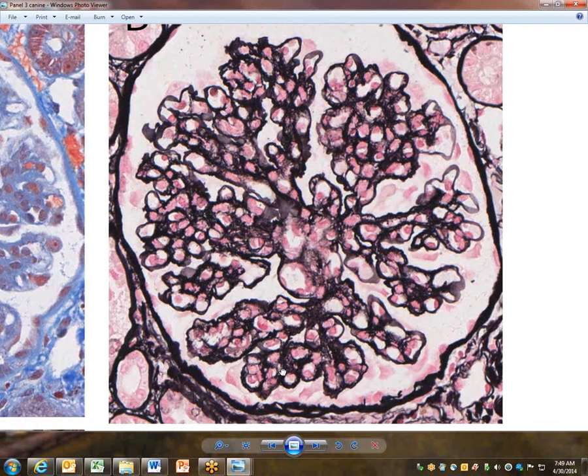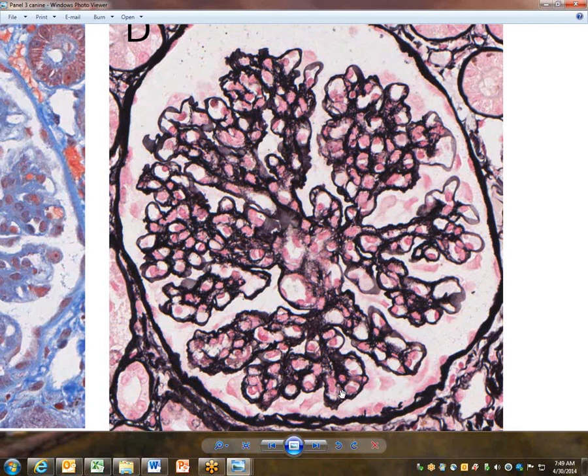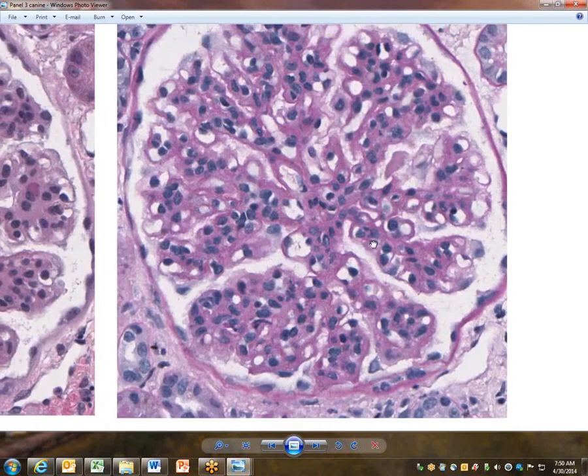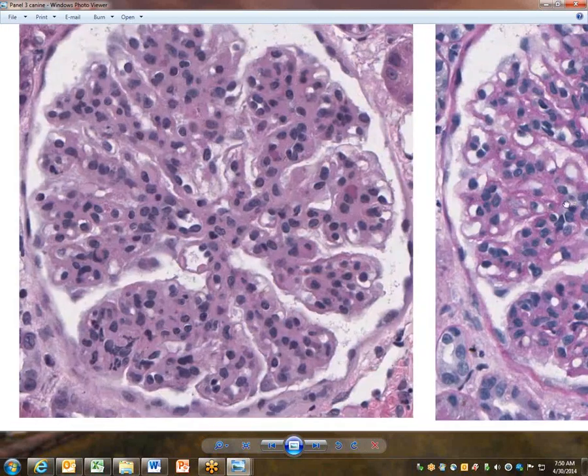But another point here is that now one can begin to have a sense of cellularity within the lumens of capillaries. So this is not just a sense of endocapillary hypercellularity, because now you can tell where the basement membranes are, where the lumens are, with a much better appreciation of anatomical separation of different compartments within the glomerulus with this stain versus even this one, and certainly this one.